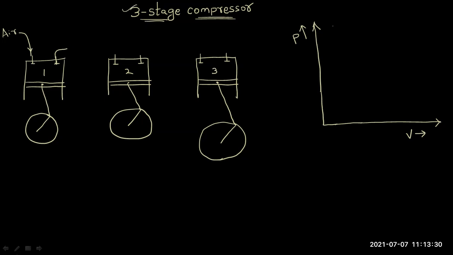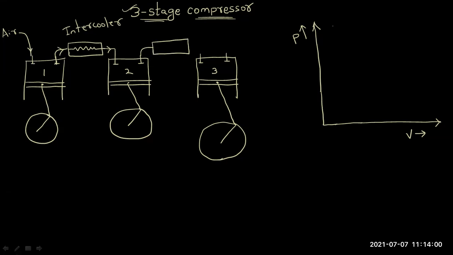So after the first stage of compression, the compressed air will move into an intercooler. Here we'll have an intercooler. After the intercooler, this air will enter the second stage of the compressor. Here again it will compress the air. Again after that, it will enter another intercooler.